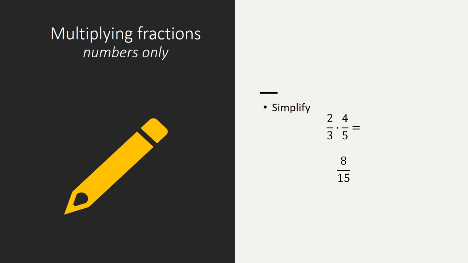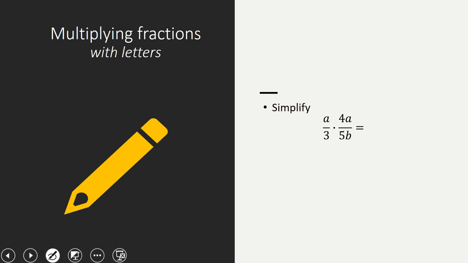This is 8/15 because I may multiply the numerators and I may multiply the denominators. 2 times 4 equals 8 and 3 times 5 equals 15. I cannot simplify this any further. So 8/15 is your final answer.